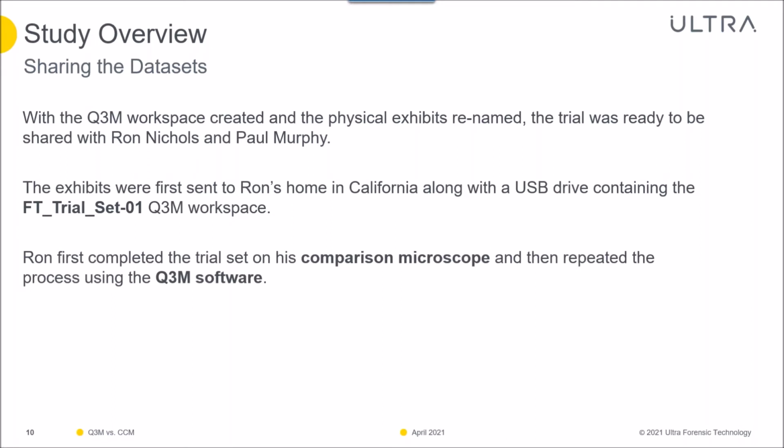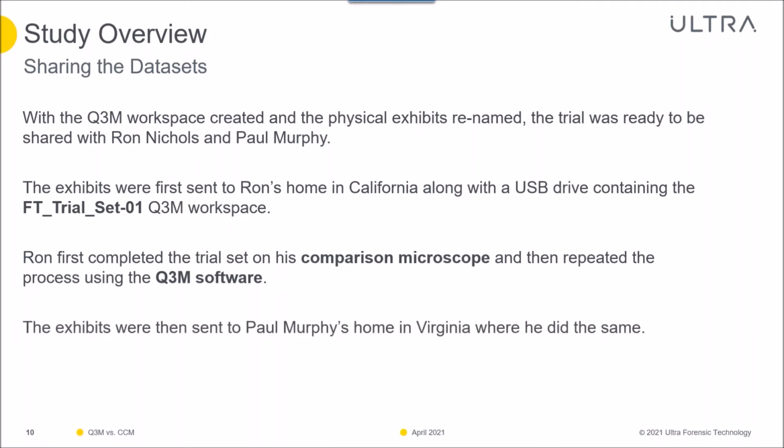The order to do the study was to first complete the work on the comparison microscope, and then with that done, repeat the process using Quantum as your microscope in that scenario. Once Ron was finished, the exhibits were then collected and sent to Paul Murphy's home in Virginia, and he repeated the process. So that's the background of the study.